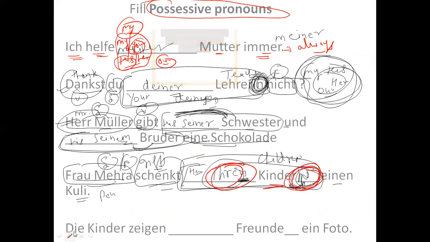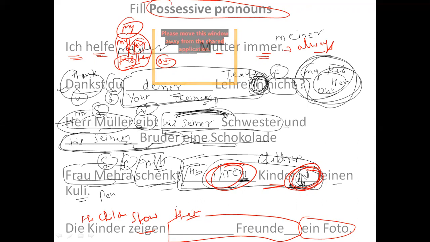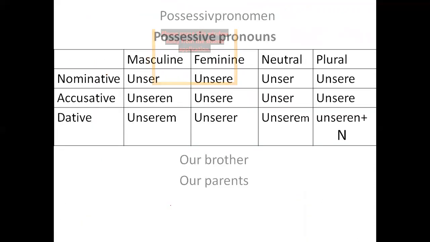Here it says the Kinder. The Kinder is the children. Zeigen is show. The children show Freunde, friends, ein Foto, a photo. So the children are showing their friends a photo. So their friends. I'm talking about their friends, right? So I have to follow the table of their. So which is the table of their?